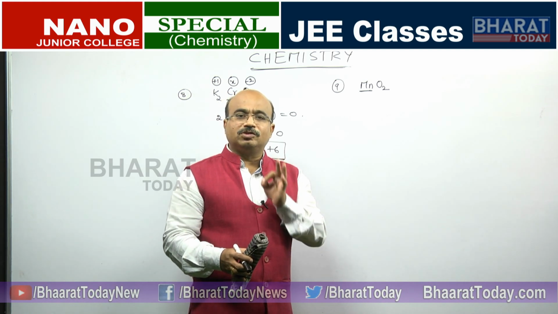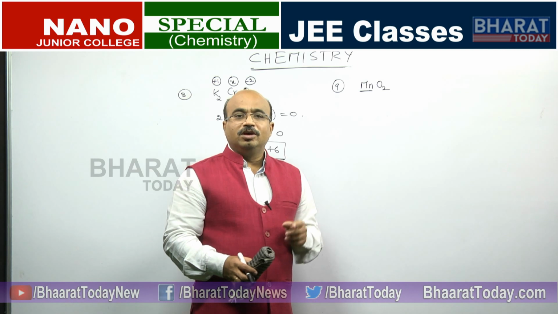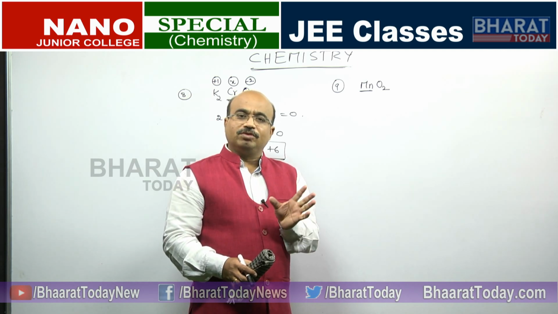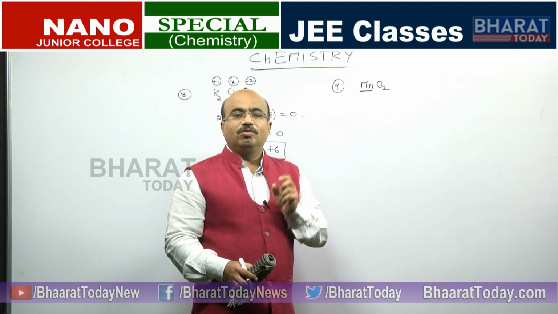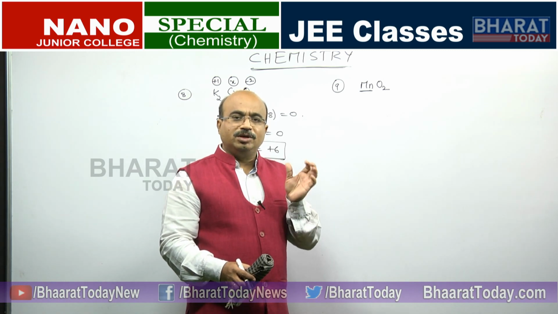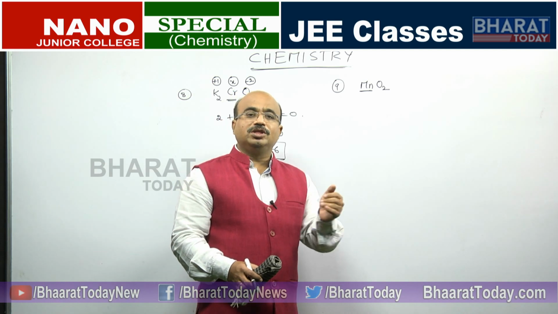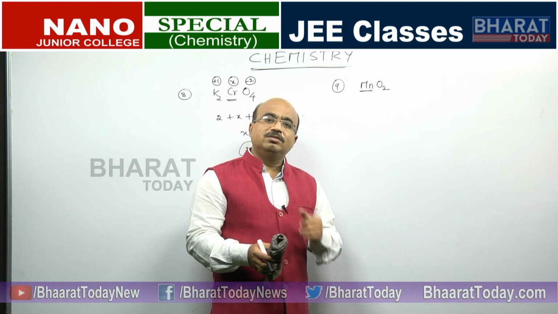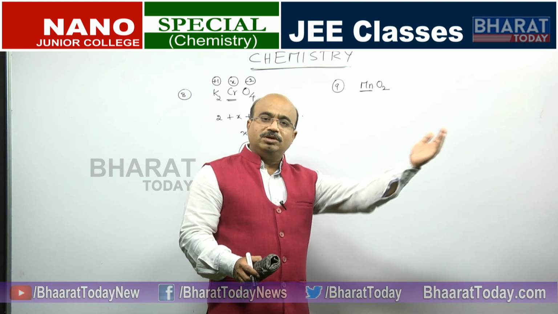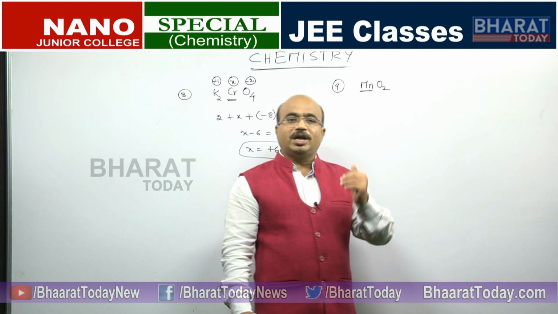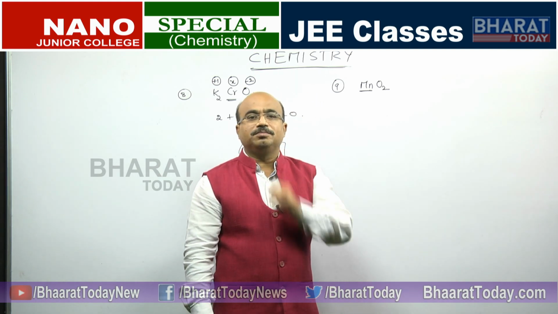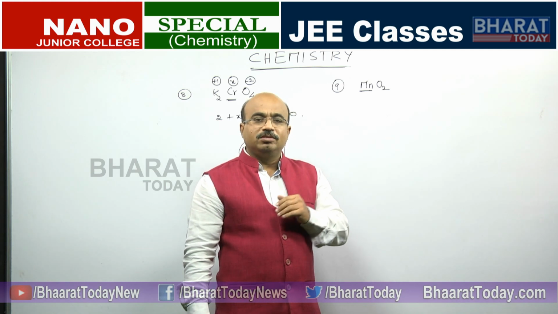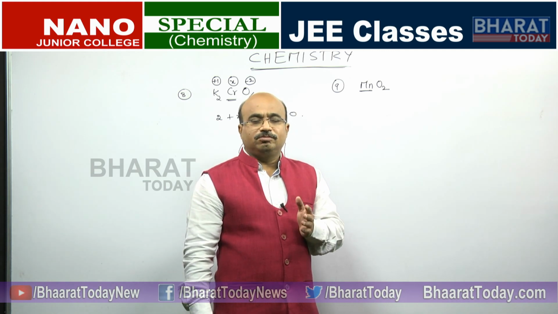Peroxide and superoxide compounds will exist when we have 1A or 2A elements. Even hydrogen you can take there as a 1A element, though it can also be kept in the 7A halogen family, or even in the carbon family. So, the position of hydrogen in the periodic table is not fixed.